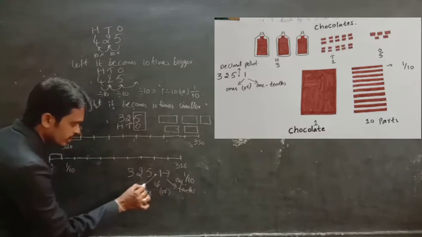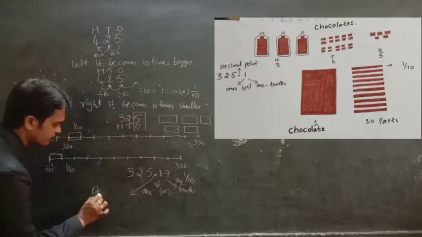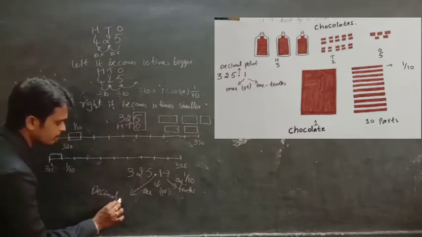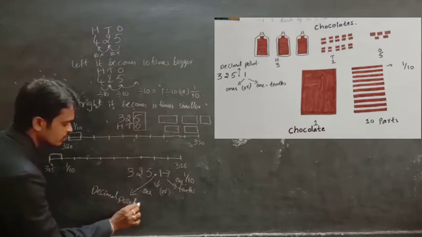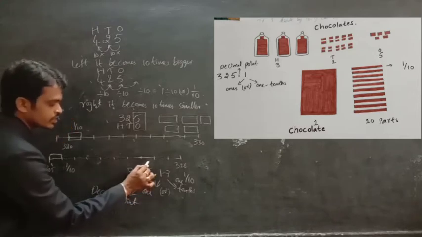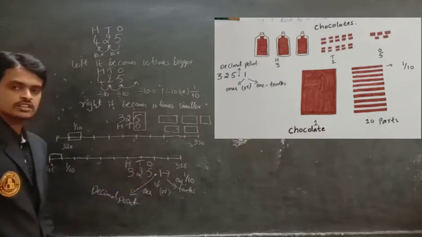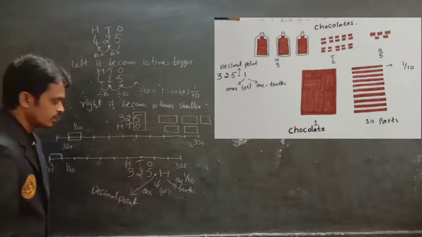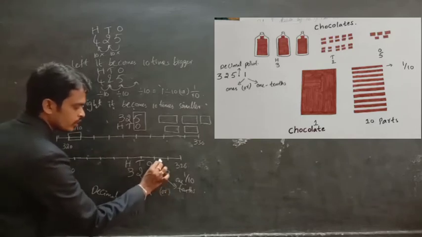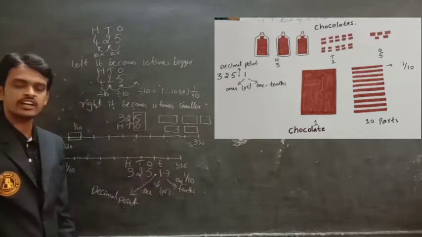So this dot is called a decimal point. Here we are representing ones, tens, hundreds by capital letters, and 1/10 is represented by a small letter.